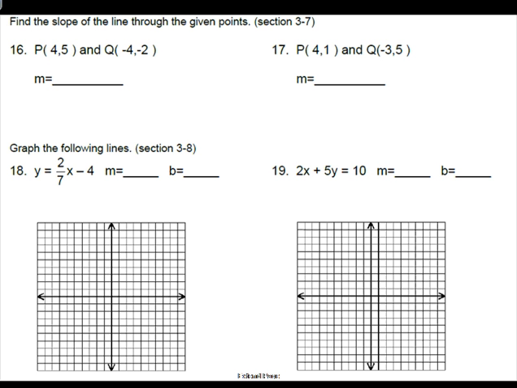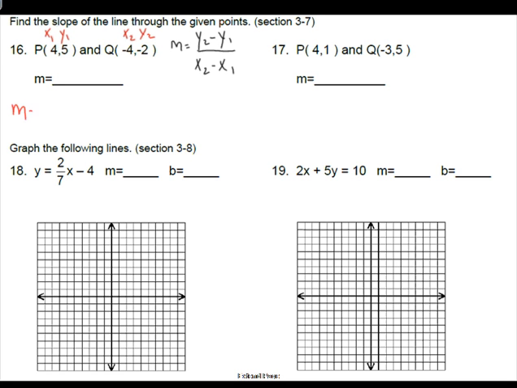Here we're going to be using our slope formula. Remember, the slope formula says that m is equal to y2 minus y1 over x2 minus x1. So the first thing I like to do is go and label the points, x1, y1, x2, y2. And then plug them into your formula.